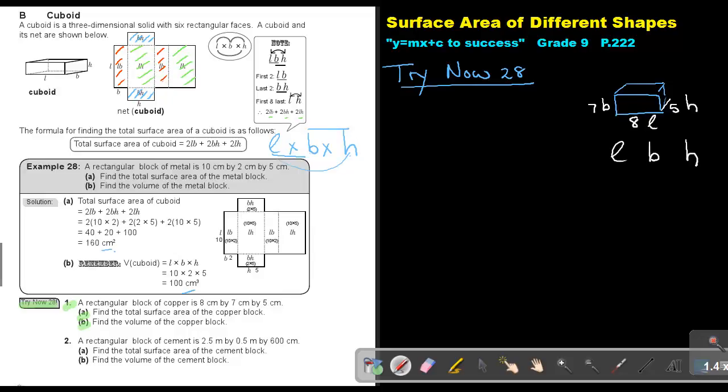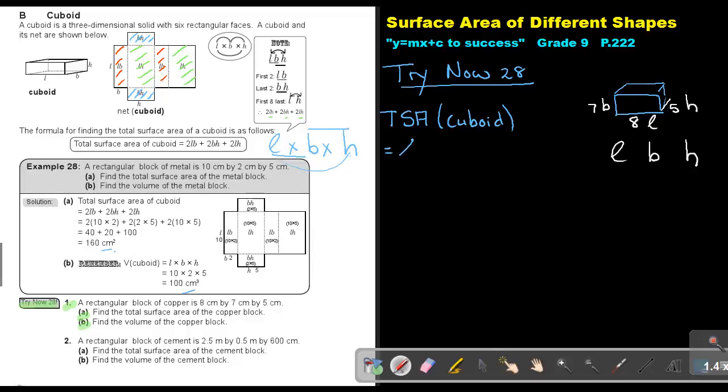So I'm just going to shorten it: total surface area of a cuboid, and this is going to be the first two.